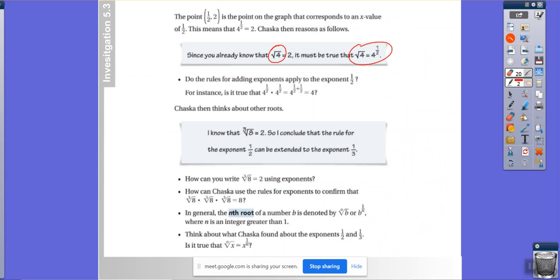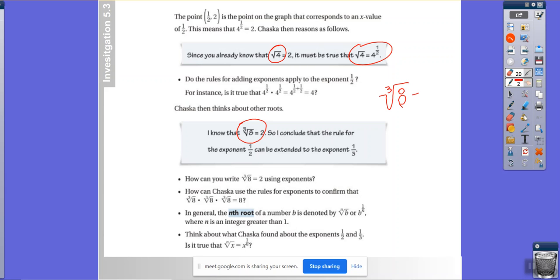Great. Now, the rules of exponents will still apply for fractions. So the rules that we learned before will still apply even if we have a fraction. And then, what about this? What is the cube root of 8?